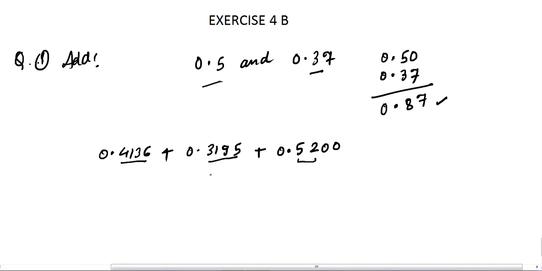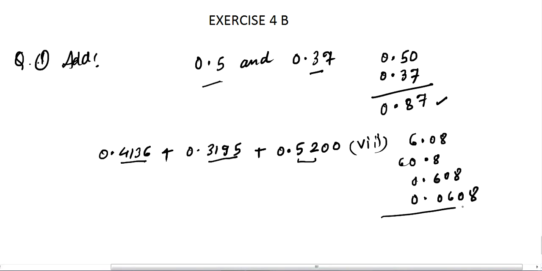One more last question which I want to solve, that is 8th. So 6.08 plus 60.8, then 0.608, then 0.0608.